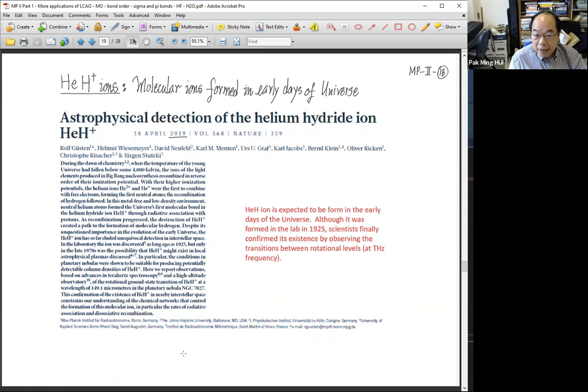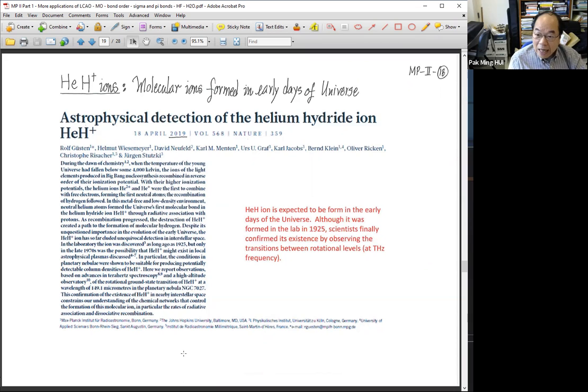And more recently, there is something interesting in astrochemistry or astrophysics, because in the early days of the universe, after the Big Bang, maybe a few minutes later, you start to have these basic nuclei, protons, around. And then maybe after 300,000 years after the Big Bang, you have atom formation.